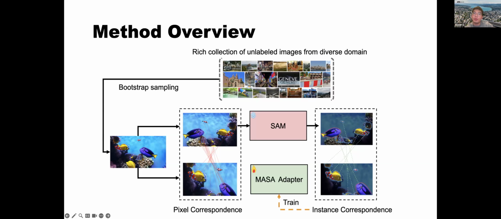And with this kind of point correspondence, SAM can turn a point into a silhouette, a shape, and directly transform this pixel correspondence into instance-level correspondence with all the instance shape information. And this instance correspondence is exactly what we need to learn this instance-wise representation for tracking.